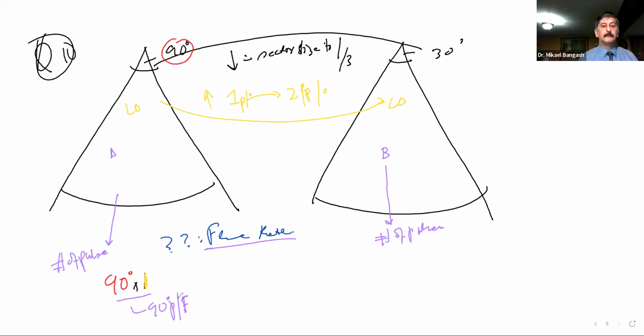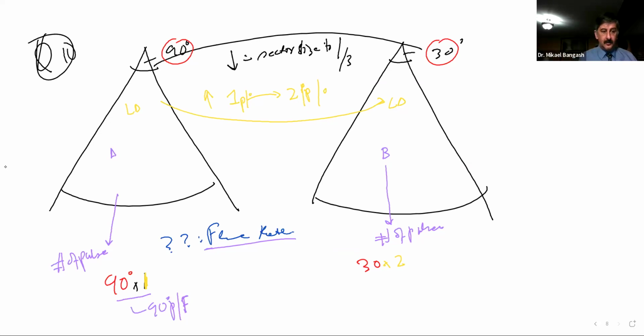Did you guys get that? Whereas over here, we do the very same. We had a 30-degree angle, but at 2 pulses per degree angle.